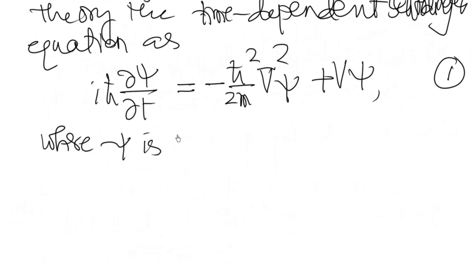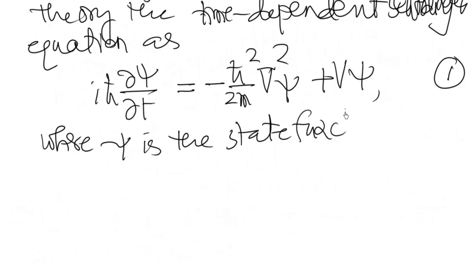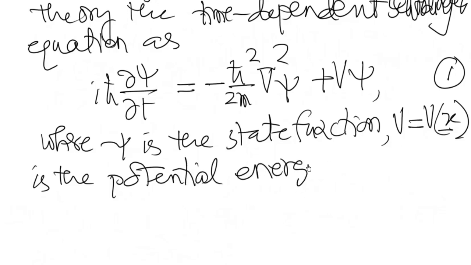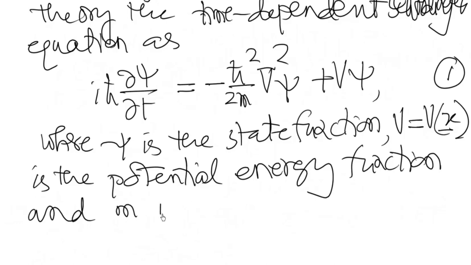psi is the state function, V is the potential energy function, and m is the mass of the system.